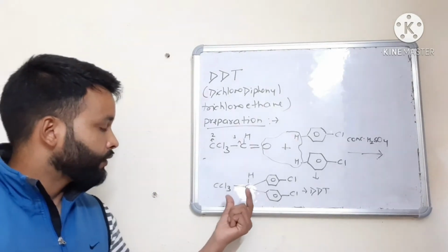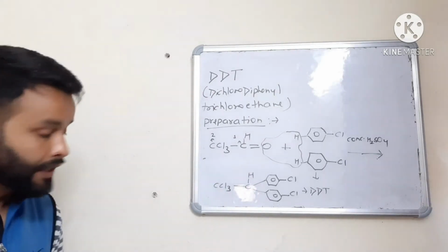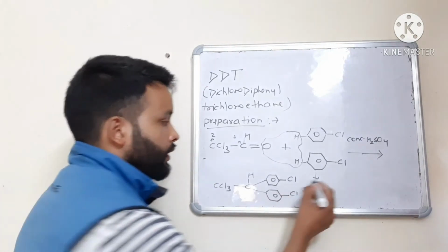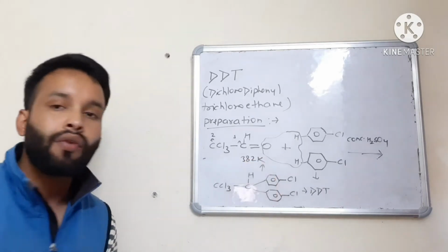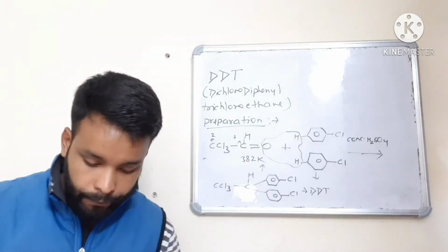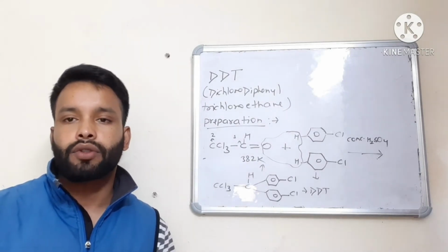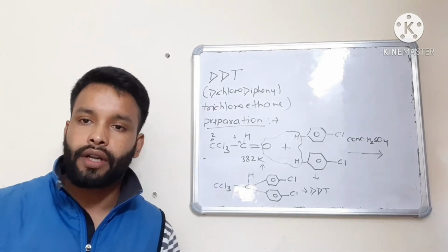Now, if I talk about the color, basically it is a white crystalline solid having a melting point of about 382 Kelvin. The melting point of DDT is 382 Kelvin. It is almost insoluble in water. That means if some compounds are not soluble in water, surely they dissolve in organic solvents.